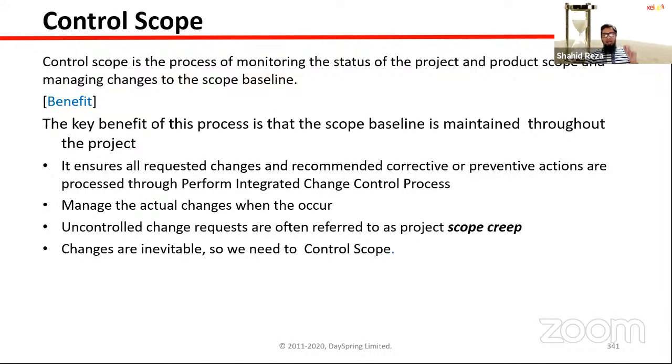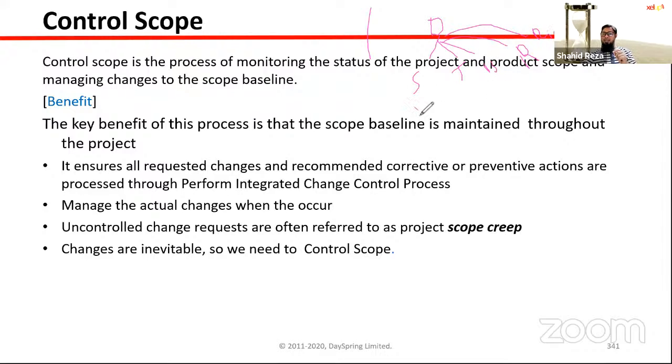Without any analysis or approval, you should not take any scope extension request from the customer. Whenever you get a request for doing any extra thing outside your scope baseline, first you have to analyze the impact of this extra scope on your time, your budget, your allocated resources, and the risks involved with this extra feature.